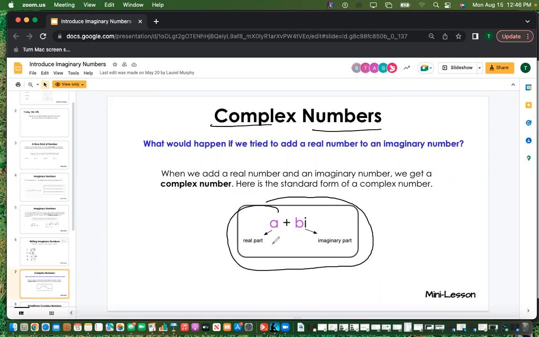So this would be an example like 2 plus 3i, where 2 is the real part and 3 is the imaginary part. Complex numbers, you've got a real part and an imaginary part. It's got this a plus bi, and that is our standard form. Good.